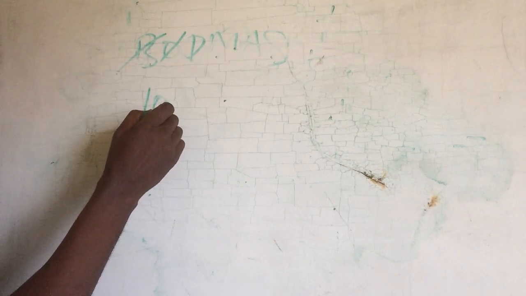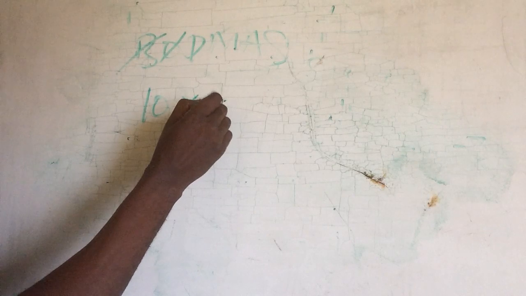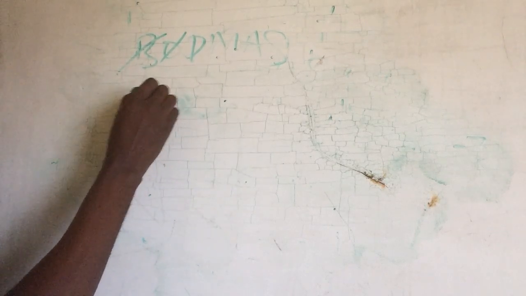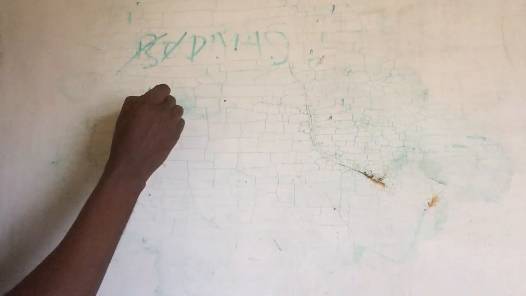You may see 10 times 2, or you may see it this way: 10 divided by 2 plus 3 minus 2. Sorry, the marker is... please just give me some time to change the marker.